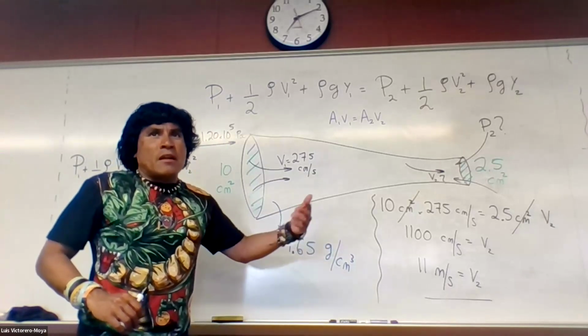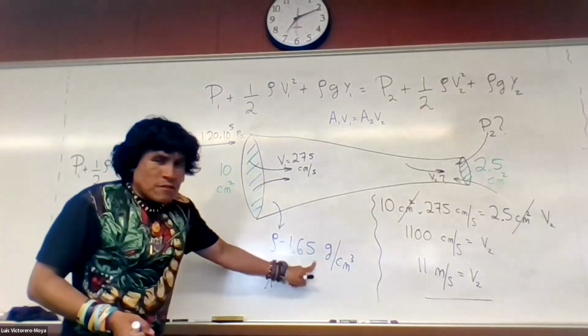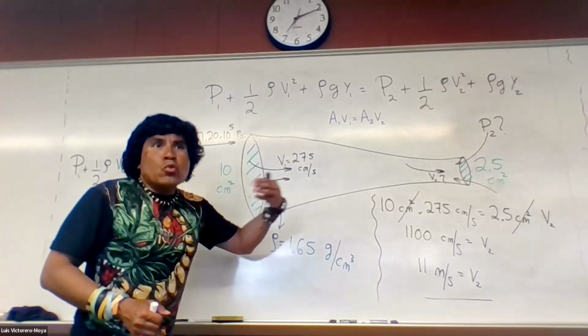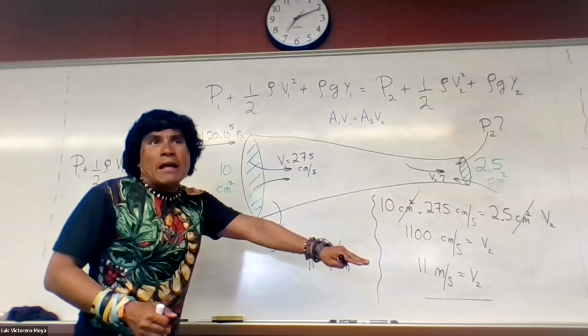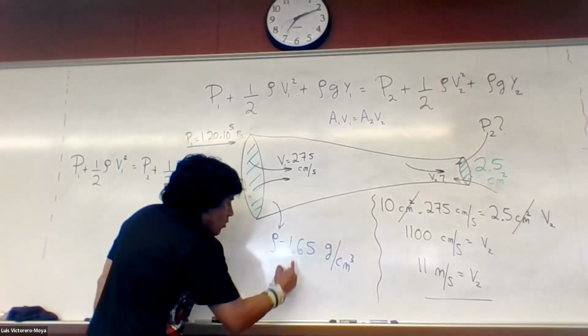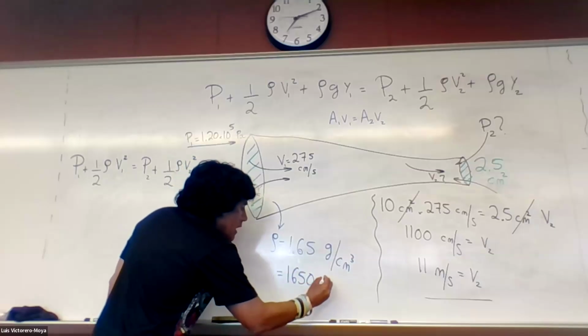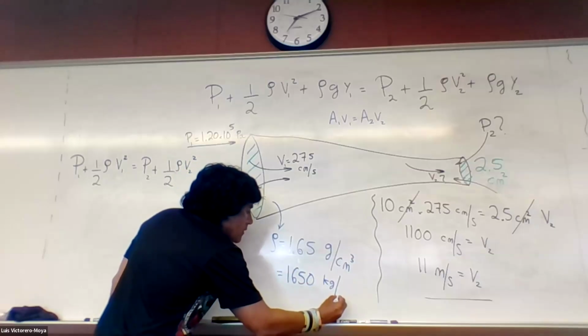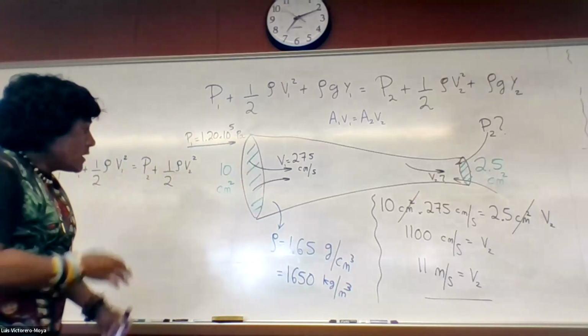That's what they use in chemistry a lot. Well, to go to kilogram per meter cube, you just multiply by 1,000. So this is equal to 1,650 kilogram per meter cube. Nice, right?